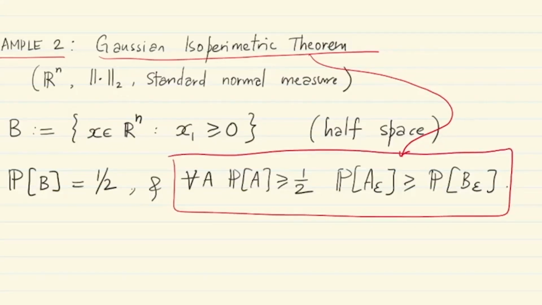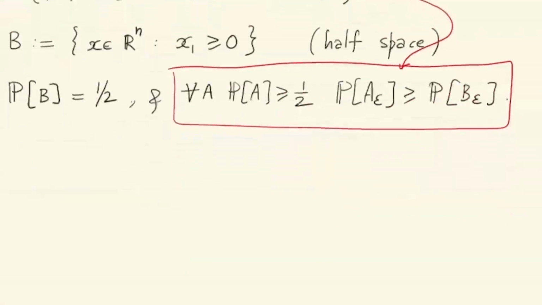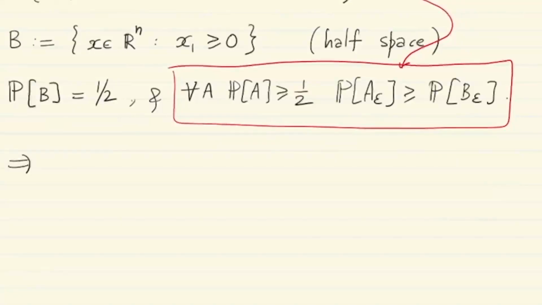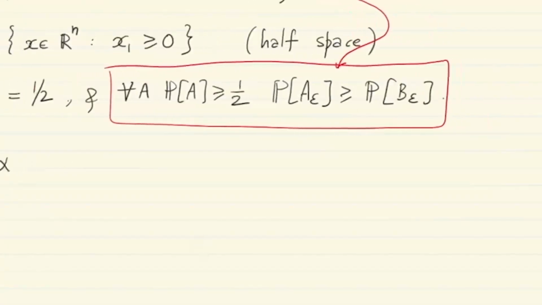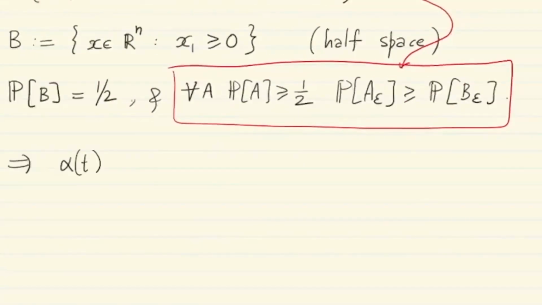That's the content of the Gaussian isoperimetric theorem, and as a consequence of it, we get that alpha of t is upper bounded by the probability of the complement of the t blow up of any half space passing through the origin.